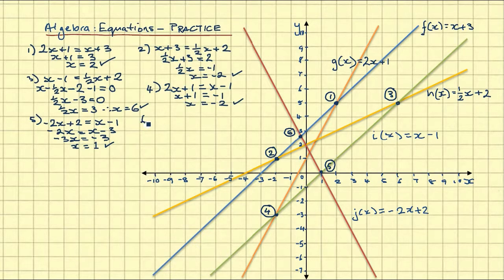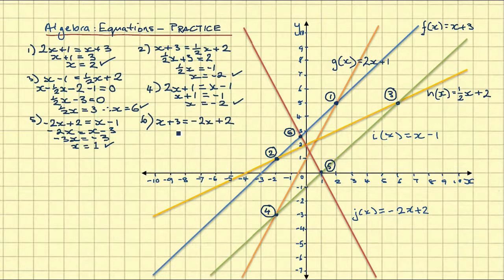So let's start with that. Okay, so problem 6, whoops, let's make that clear. Problem 6 is x plus 3 equal to minus 2x plus 2. So you might want to pause the video and give that one a go.